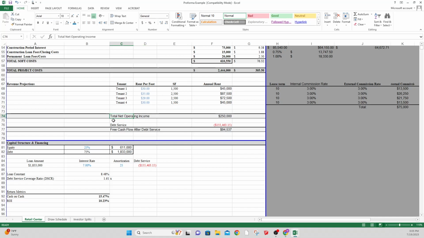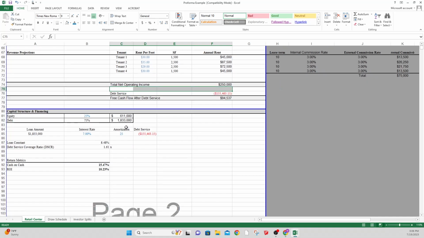If that is not the case, you always could just add a line in here and change this to gross revenue, then add lines like less real estate taxes, any of that type of stuff, and subtract it out, and then get your net operating income before debt service.